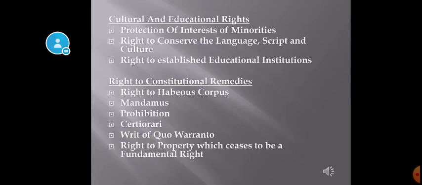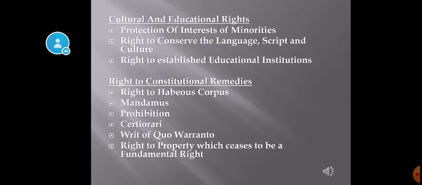This writ is directed against a person who has wrongfully adopted an office. The writ calls upon the person to show under what authority he holds the office. If the court decides that the person concerned is holding that office illegally, it may declare the office to be vacant.